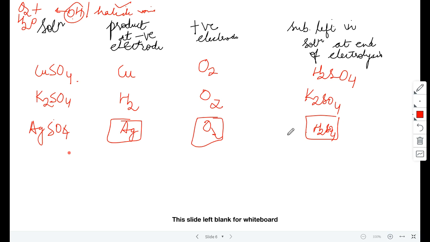So now, one more we can do: AgNO3. Can you tell me? So silver goes to the cathode, and oxygen goes to the anode, and then it's hydrogen nitrate, nitric acid.